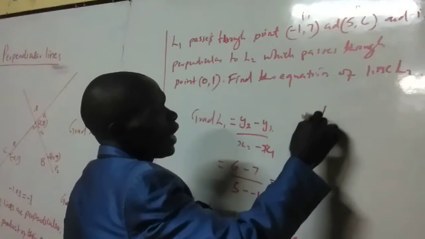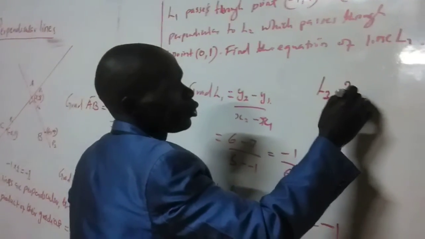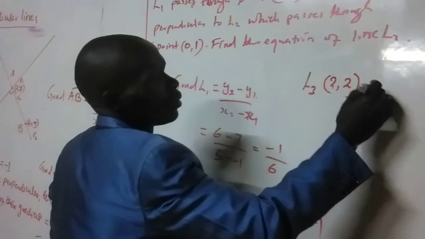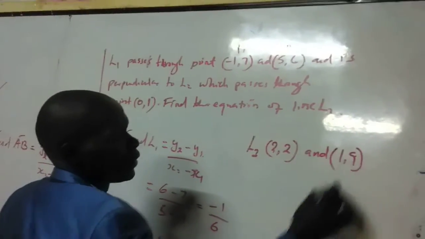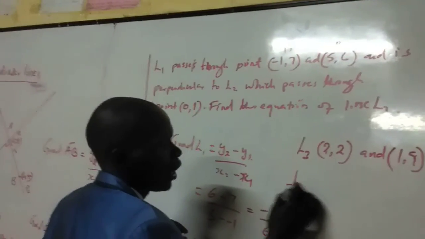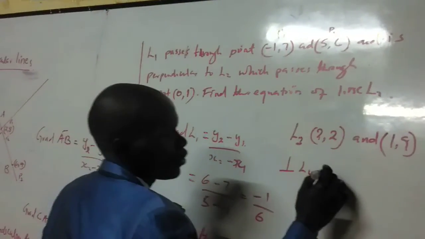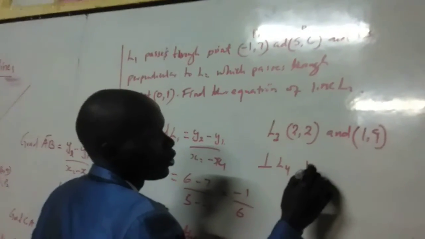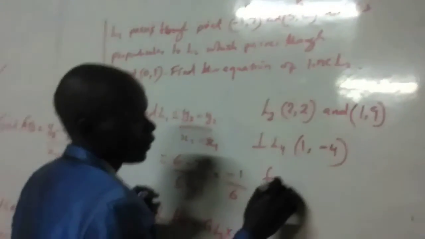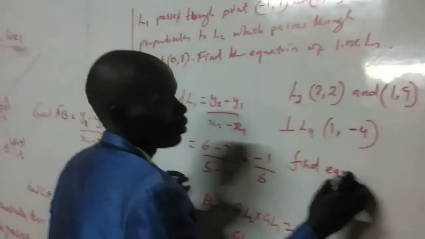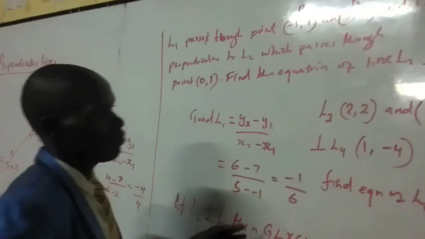A line L3 passes through points (2, 2) and (1, 9), and is perpendicular to line L4, which passes through point (1, -4). Find the equation of line L4.